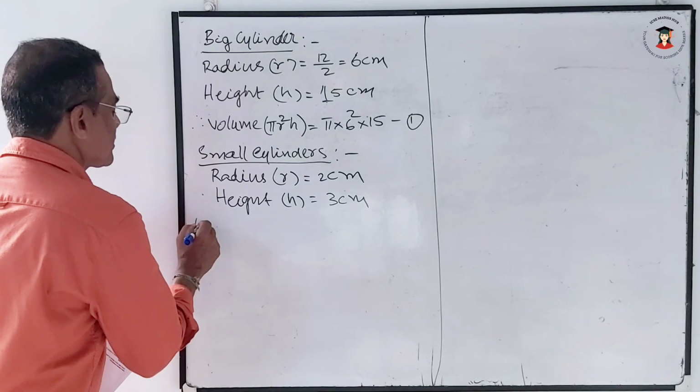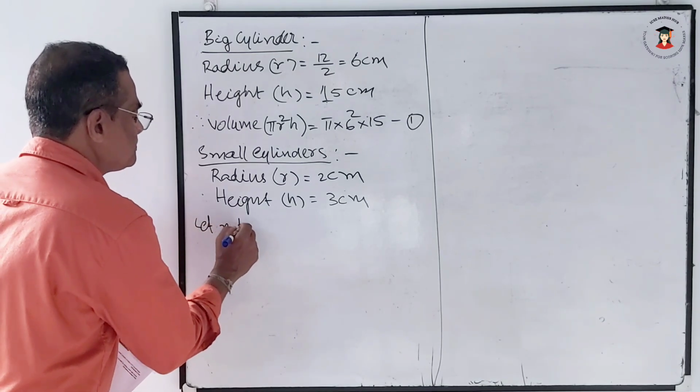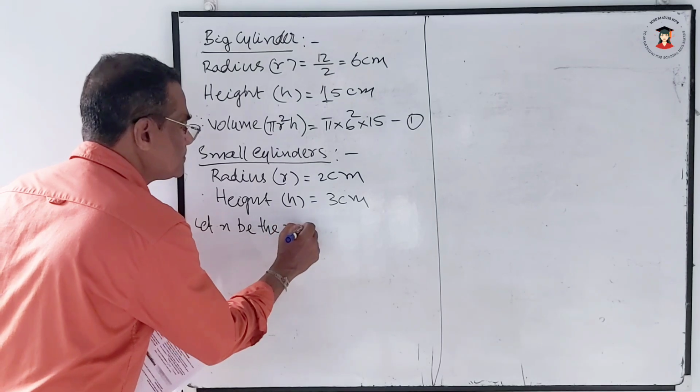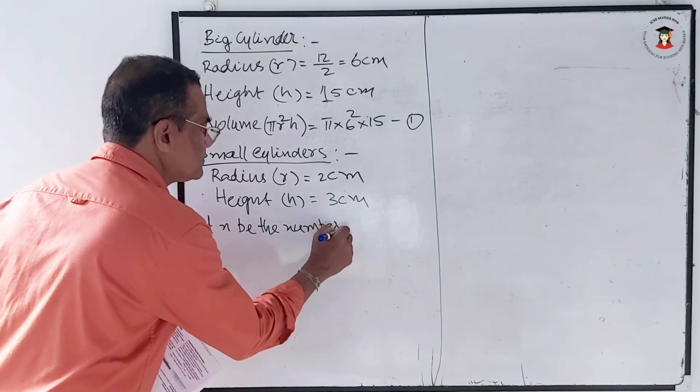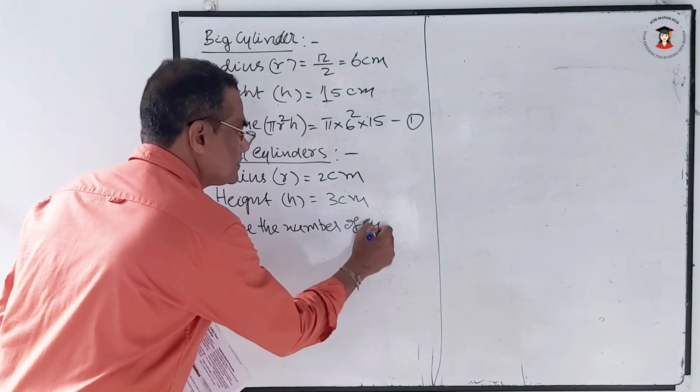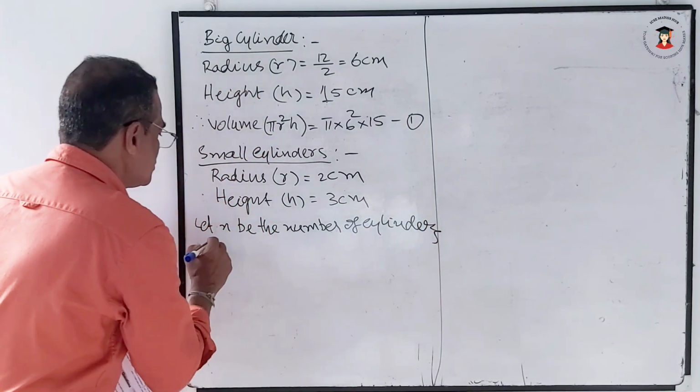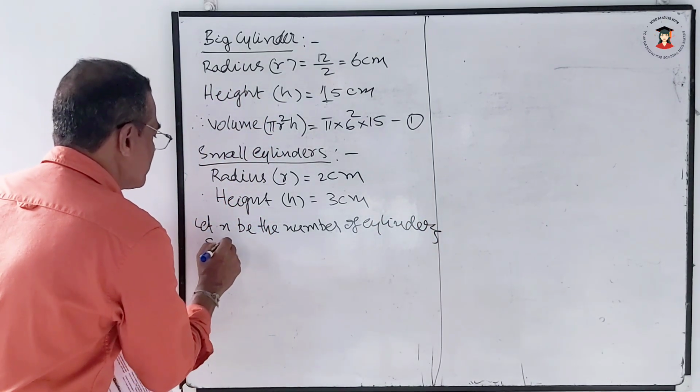Let n be the number of cylinders so formed.